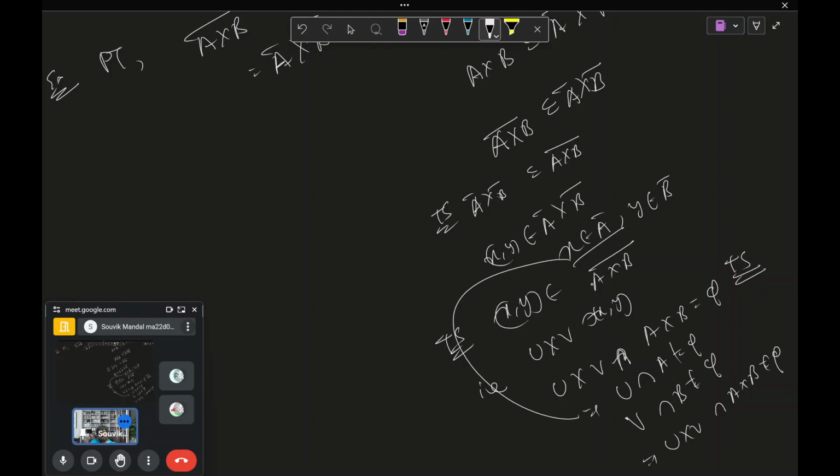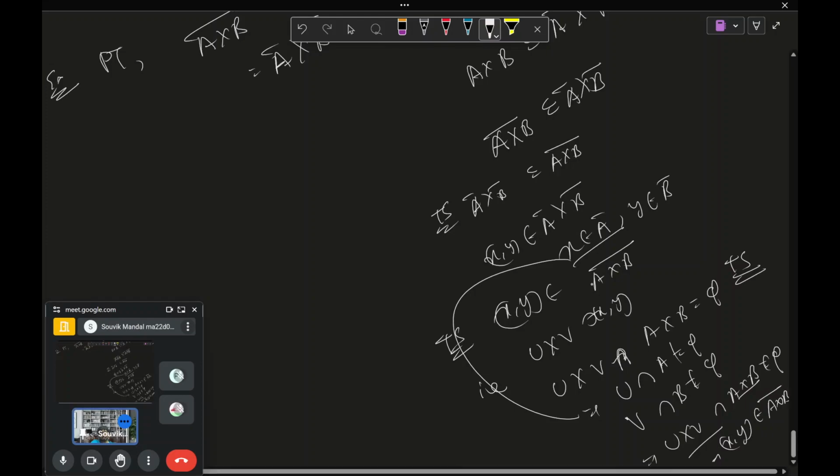This is what we need to check actually. So (x, y) belongs to the closure of A cross B. You understand the argument? Yes, sir. Thank you, sir.